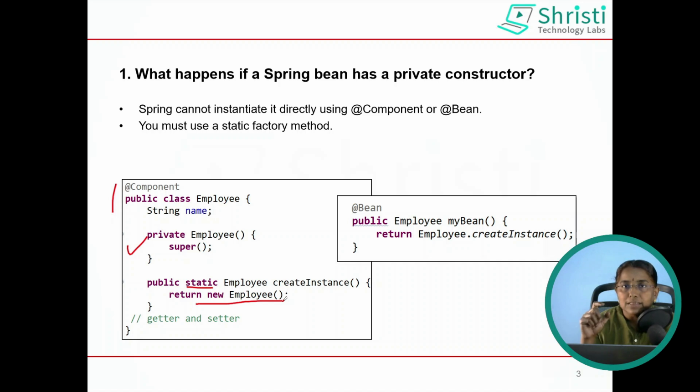In our case, the bean definition is a method that is annotated with @Bean. For returning that object, you will be calling the static method which creates the object. In our case, createInstance is the static method which creates and returns an Employee object.